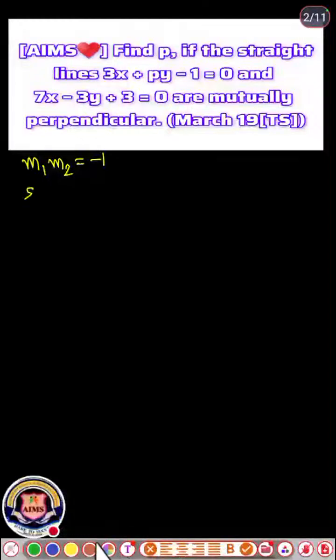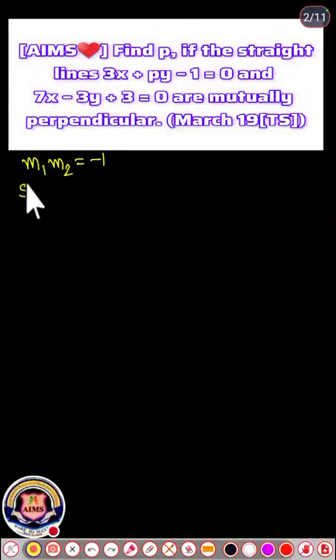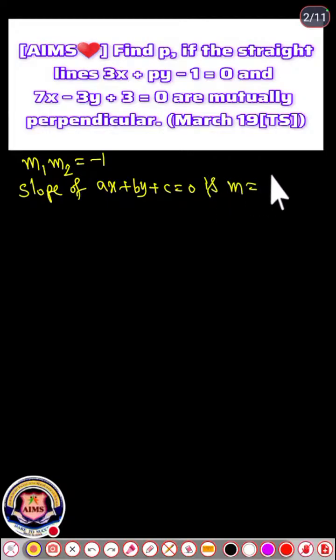Here we can take the slope of the straight line ax + by + c = 0, which is m = -a/b. This is the formula.